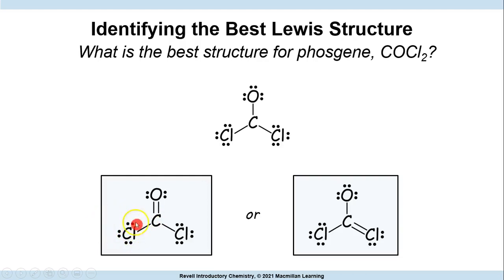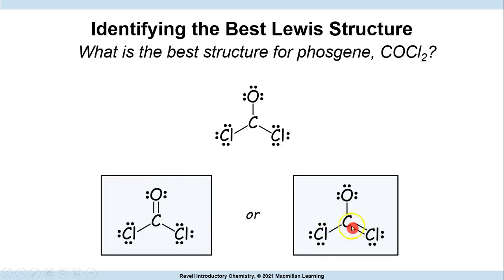Chlorine has 7 valence electrons. 7 minus 1, which is the number of bonds, is 6. 6 minus 6, which is unshared electrons, is 0. So same thing here, 0. Carbon has 4. 4 minus 4 bonds minus 0 unshared is 0. For oxygen here, oxygen has 6 minus 2, that makes 4, minus 4, that is 0.